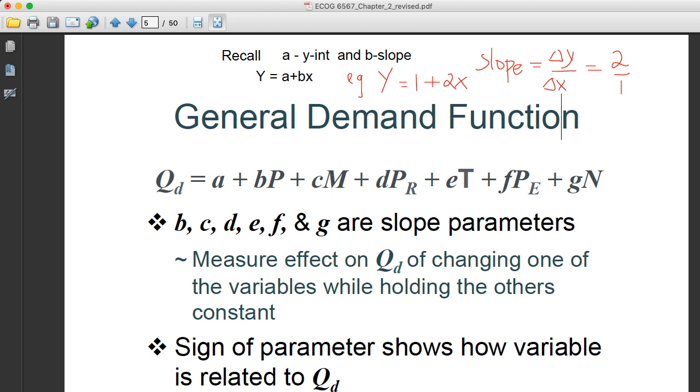So what a line is, a line is a relationship between an infinite array of points.